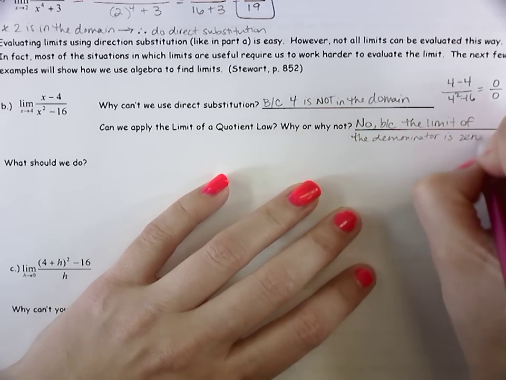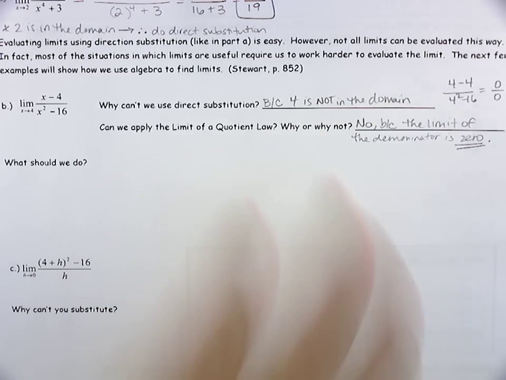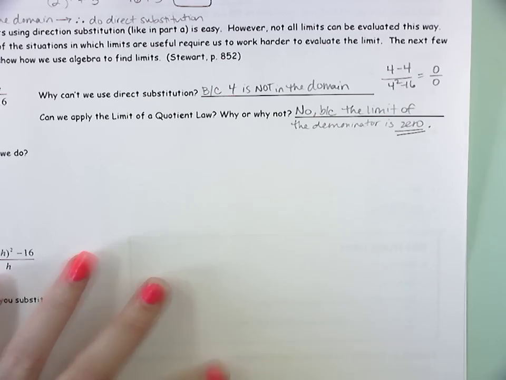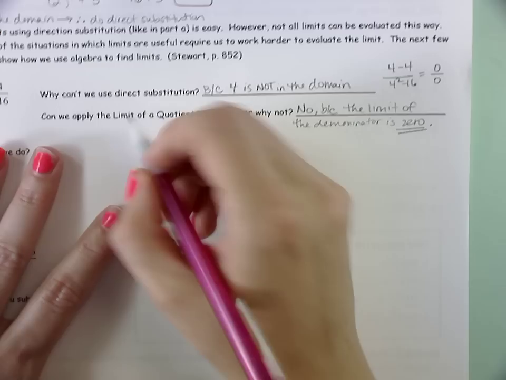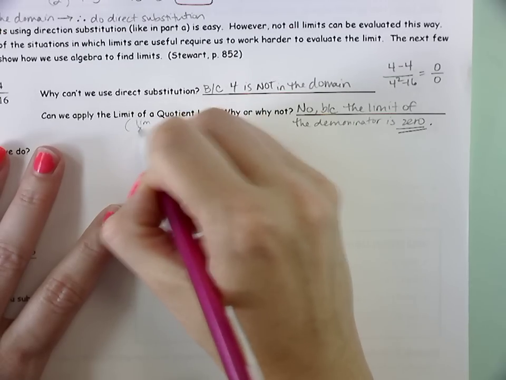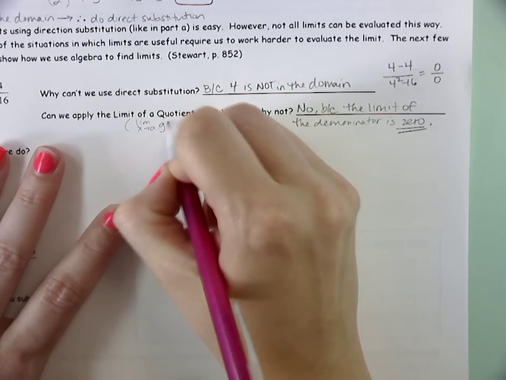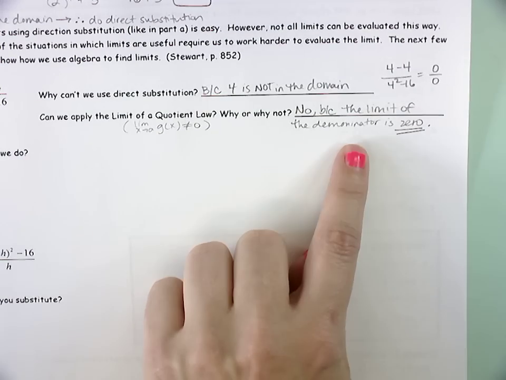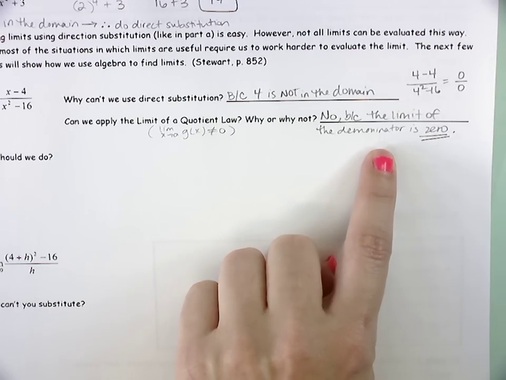And if you look back at your limit law, it clearly states that the limit as x goes to a of g of x cannot be 0. So the limit of the denominator cannot be 0, and that's what happened.